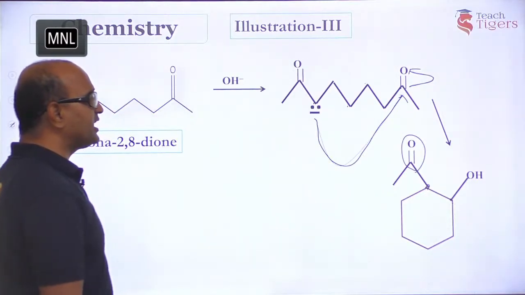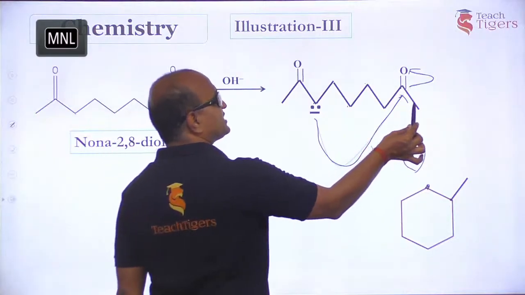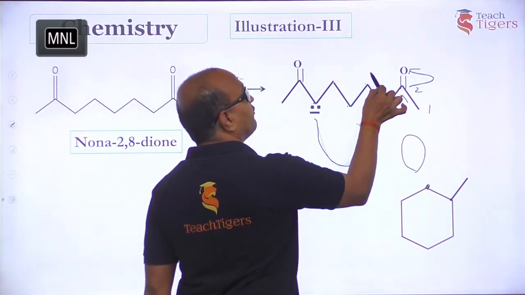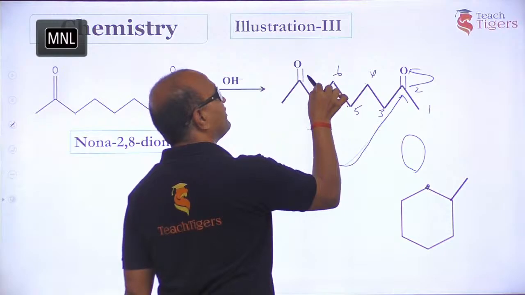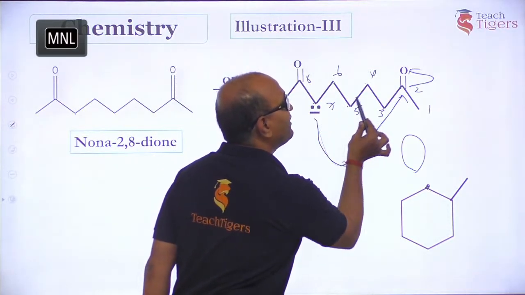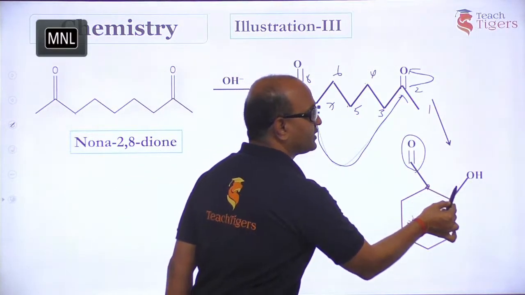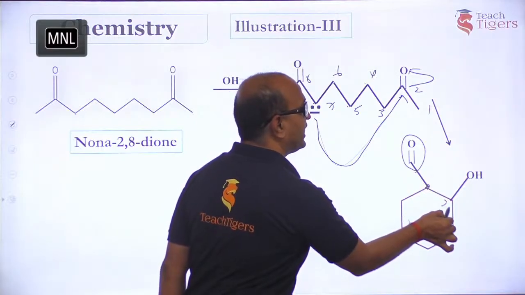Now, if you are worried about how the numbering goes, let us start. This is 1, 2, 3, 4, 5, 6, 7, 8, 9. So a ring would be formed between the 7th and the second carbon. The second carbon is going to form OH, so this is our second.